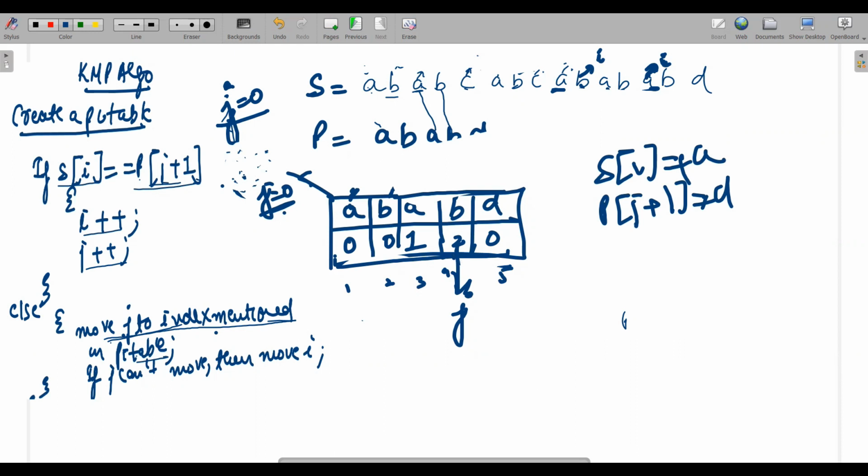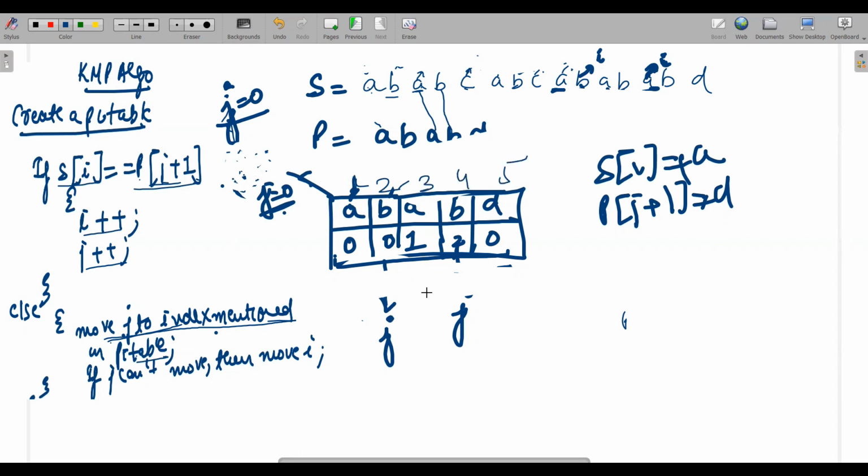So it is given as 2. So it means you have to move j to 2. So j comes over here. See, these are the indexes of j. So indexes of j can be written in this way as well. This is 1, this is 2, this is 3, this is 4, and this is 5.